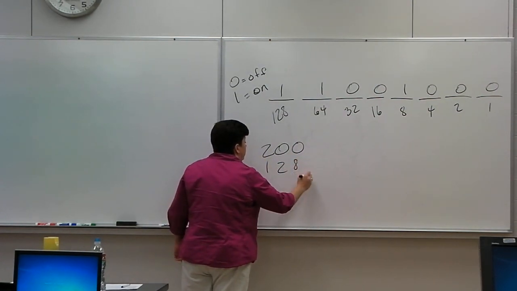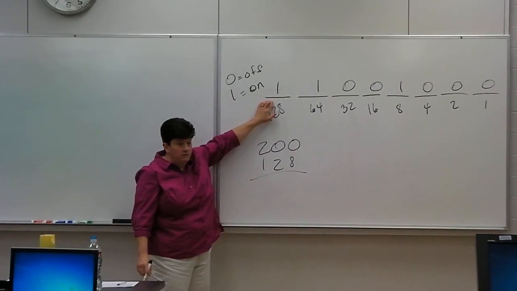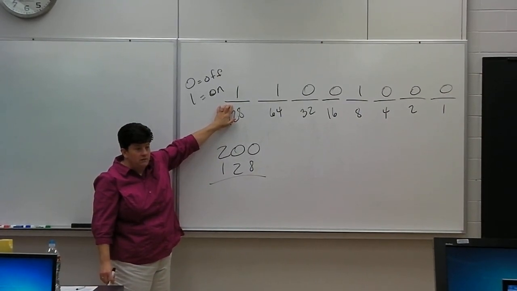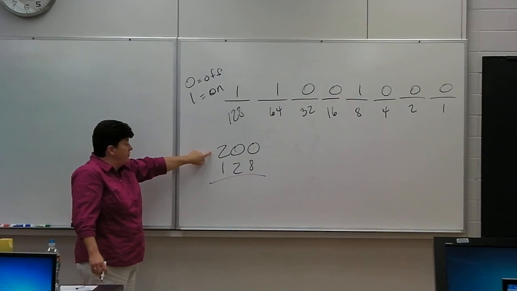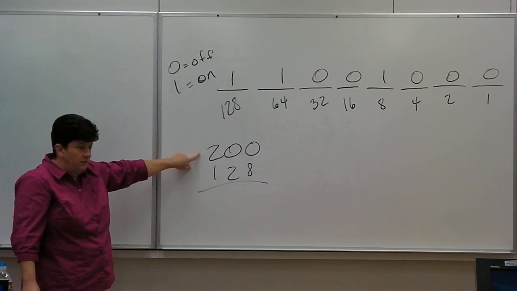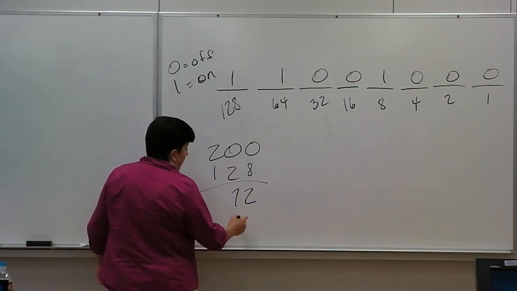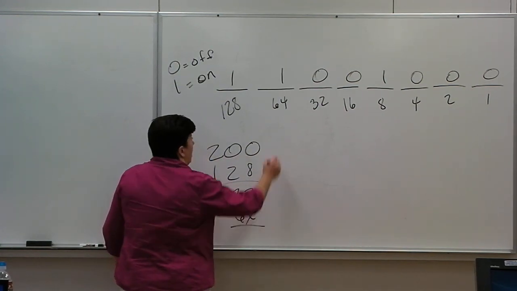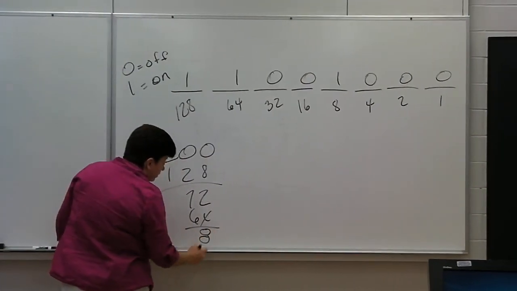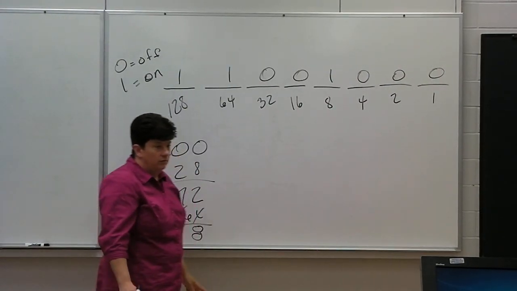Subtract the biggest number that you can. If you can subtract the number, put a 1. So if you subtract 128 from 200, what do you wind up with? Now I can still subtract 64. I would put a 1 there. Get 8 left. So I put a 0, a 0, subtract 8, and the rest are 0.